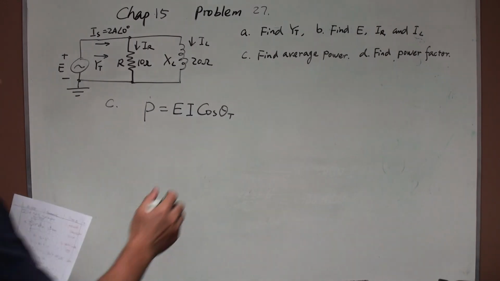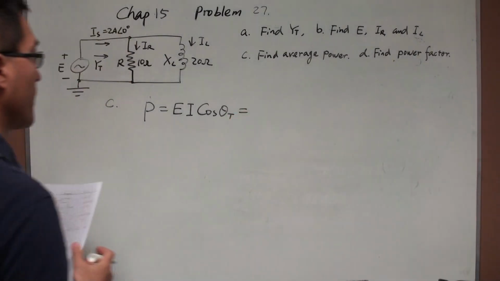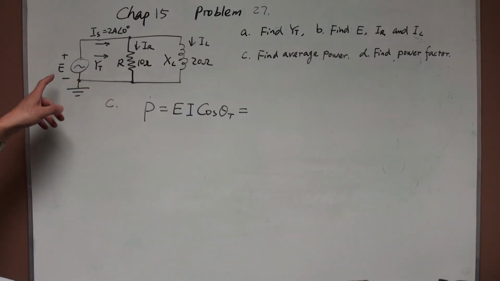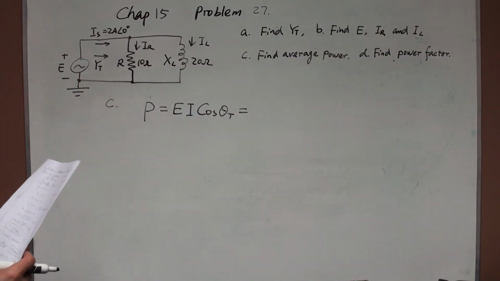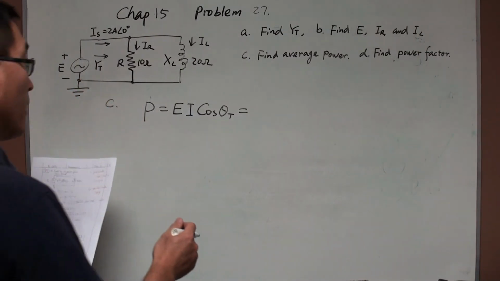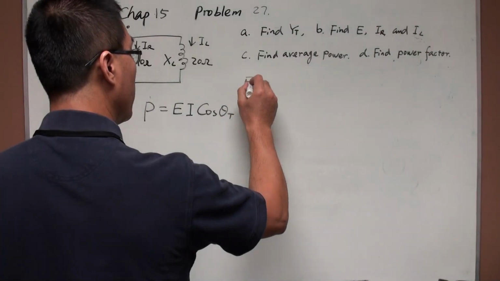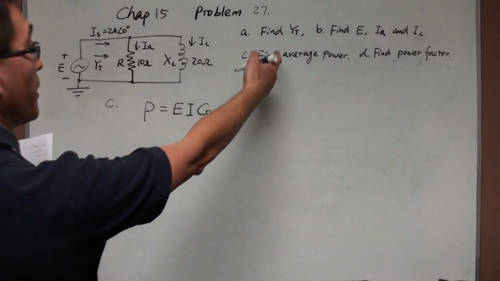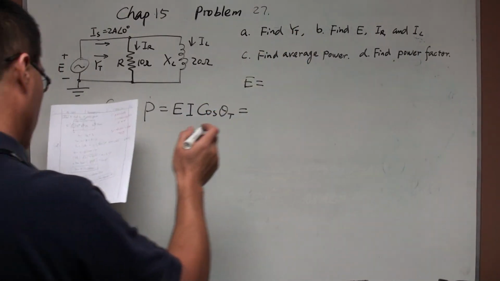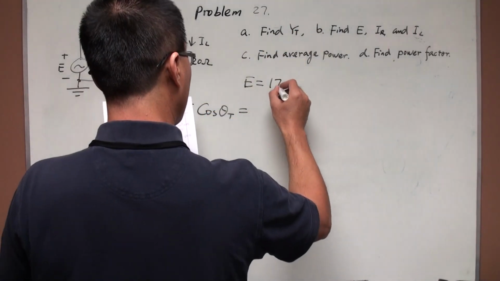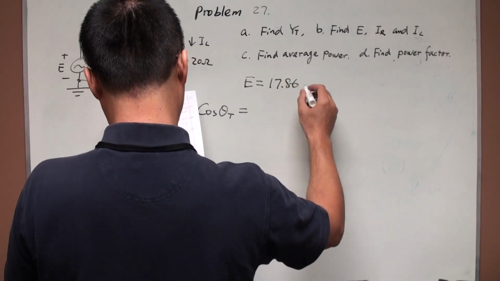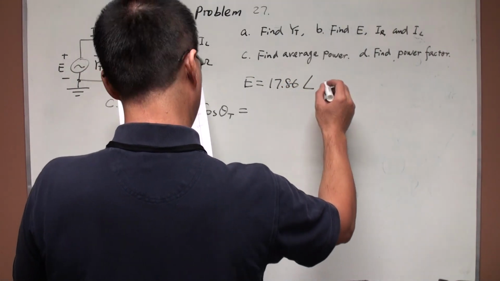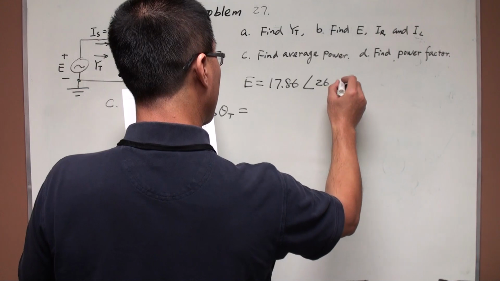E we already calculated in B: 17.86 volts with 26.6 degrees.